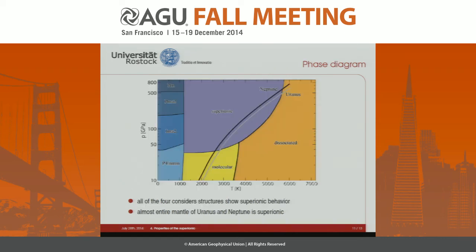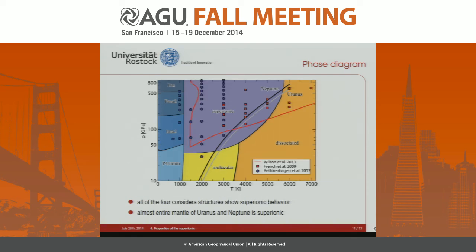So coming now to the phase diagram we're predicting. We have these four solid structures here. And what was really surprising, when you have a look at the Neptune and the Uranus isotherms here, is that the superionic region is far more extended than it would be for just ammonia.